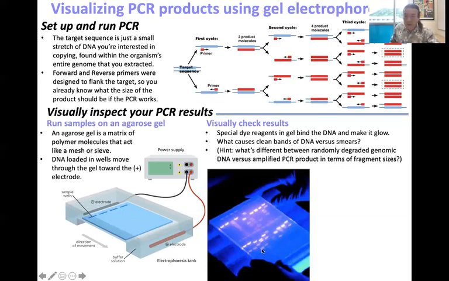Why would that be? Well, it might be that these primers at the top here that you designed to specifically amplify one part of the genome that you chose, maybe in reality, the sequence of these is close enough to some other part of the genome as well, right? So you might not only be amplifying one part to make these red bars that you see at the top here, but maybe some other part is also getting amplified.